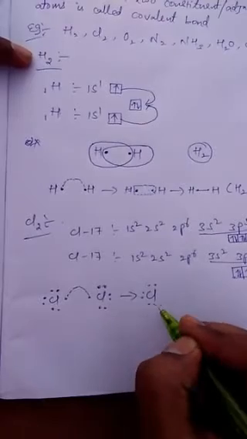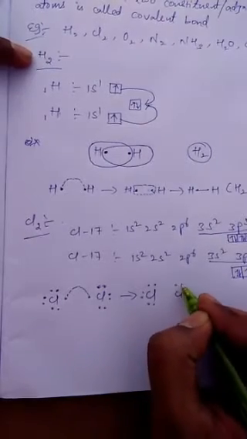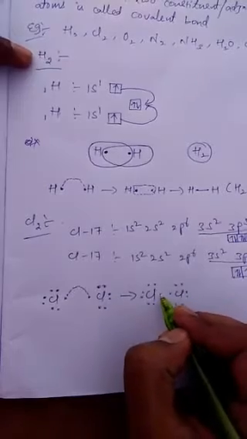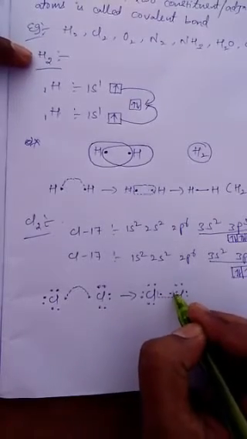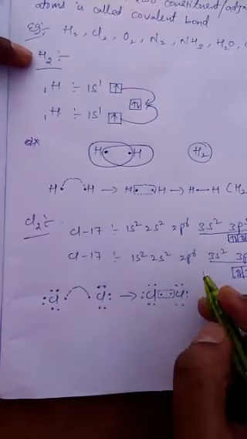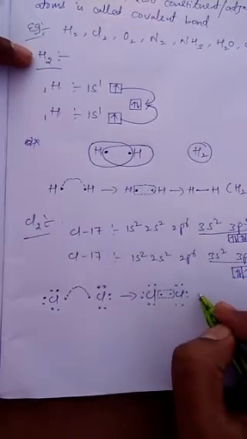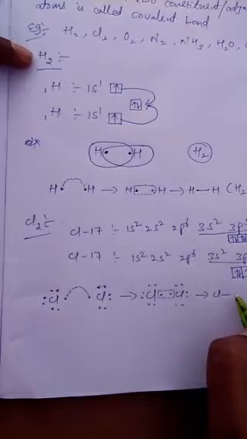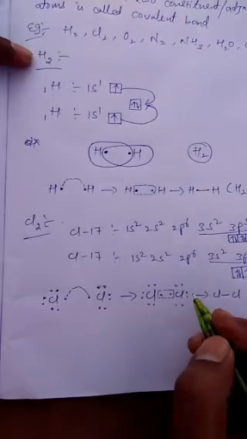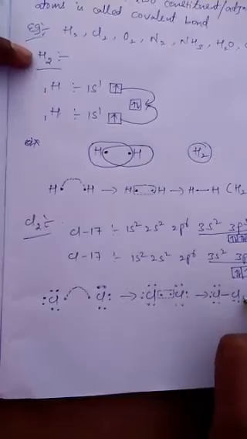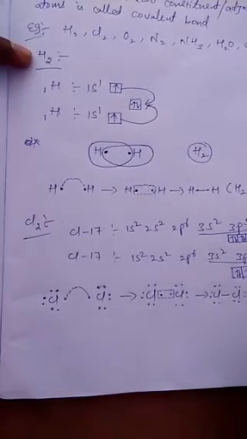Again keep the same dots. This is the partial representation before the bond formation. Next, bond formation: one bond is formed between these two electrons. The remaining electrons are called lone pairs of electrons.